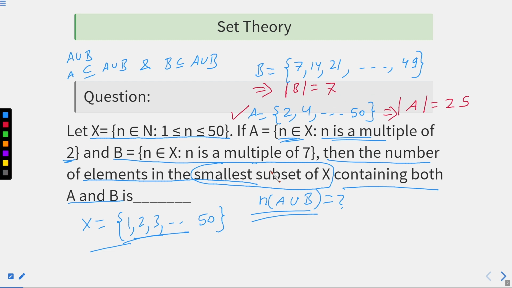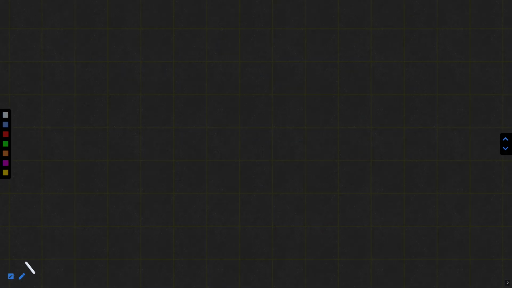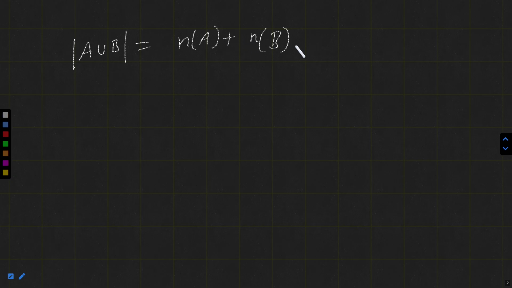We have to find the cardinality of A union B, and we already know the formula. The cardinality of A union B is equal to the number of elements in A plus the number of elements in B minus the number of elements in A intersection B.